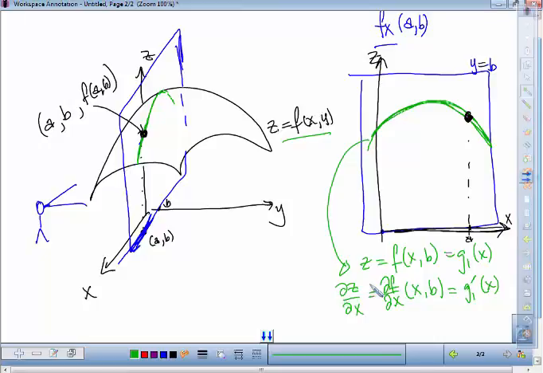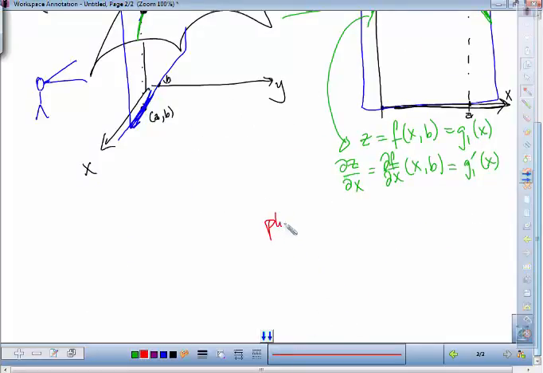So if I put in my x value, x equals a, then I'll get my slope. And my slope is equal to the partial of f with respect to x. Can I just, too much writing, f sub x? At (a, b).